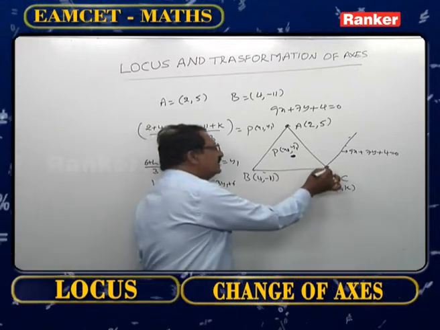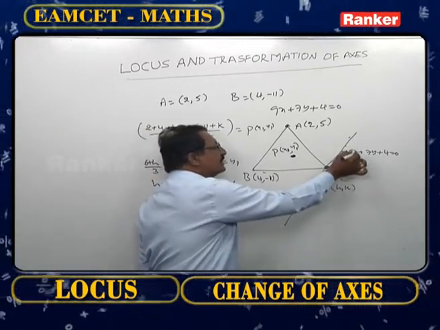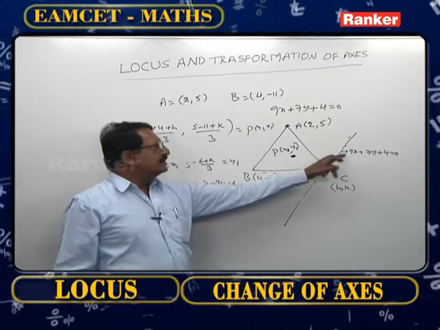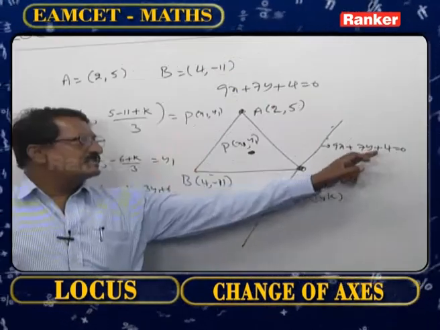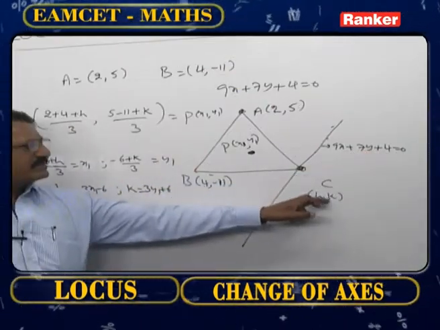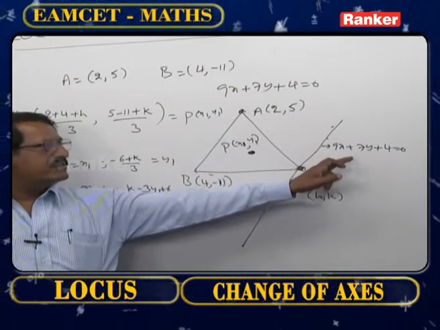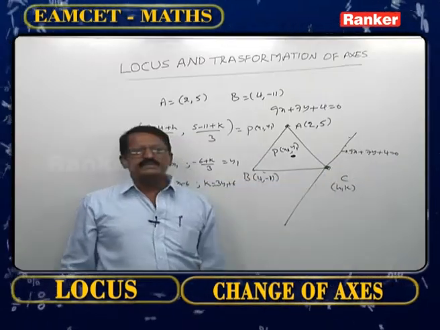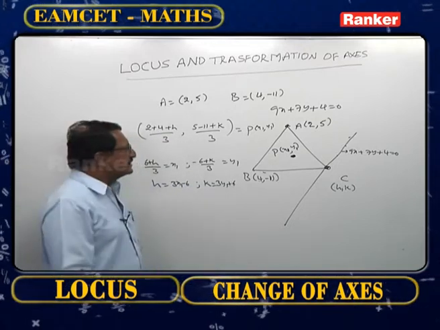Now the point C(h, k) lies on the straight line 9x + 7y + 4 = 0. Then substituting the values of h and k in the equation of the line, it must be satisfied.